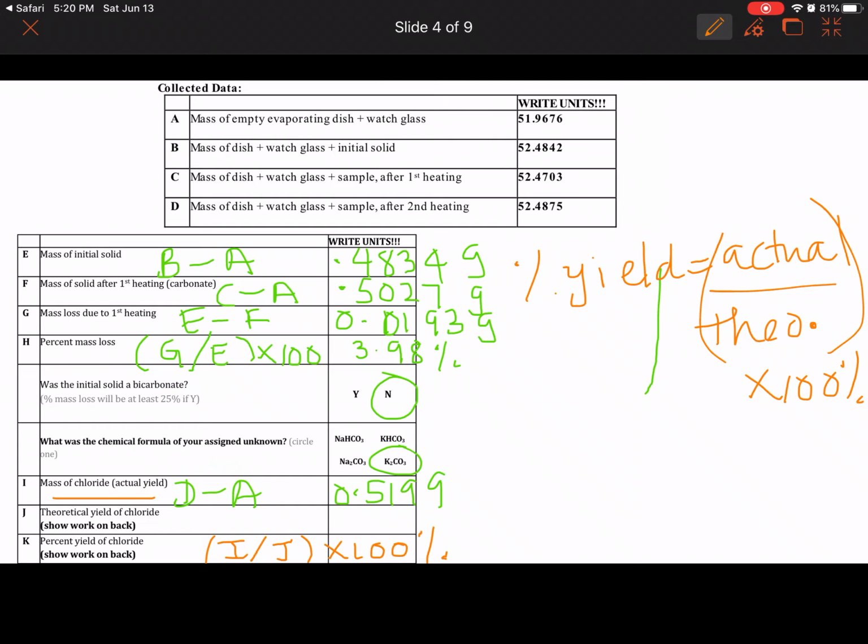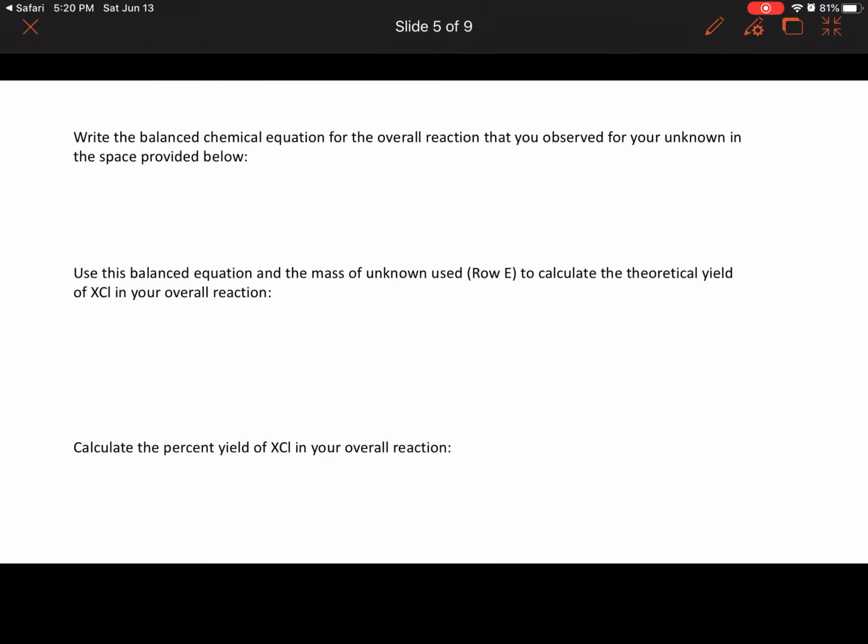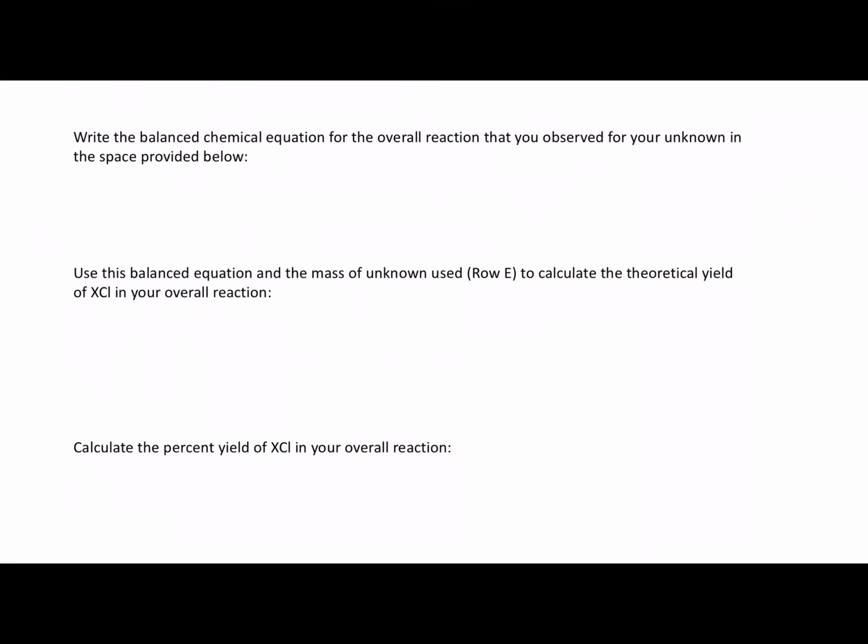Okay. I did not do the theoretical yield calculation, but I showed you how to do it. So you can perform that calculation and put the answer in J. Okay. And in fact, here you have to show how you calculate your theoretical yield.